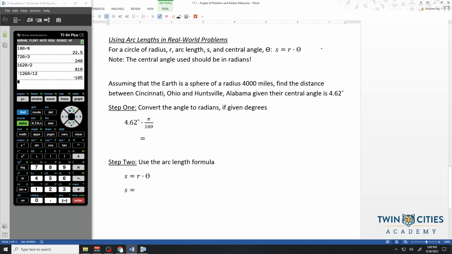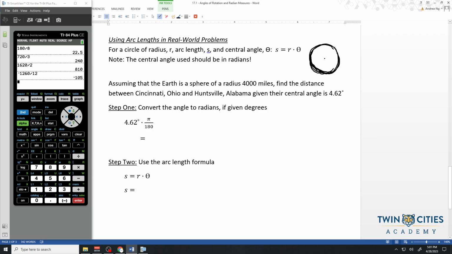So I'm going to try and draw a little picture here. Let's draw a circle, or at least the best attempt we can at a circle. That'll have to do.